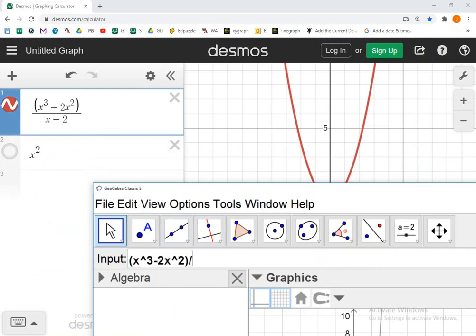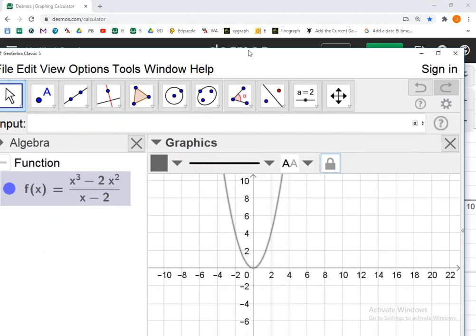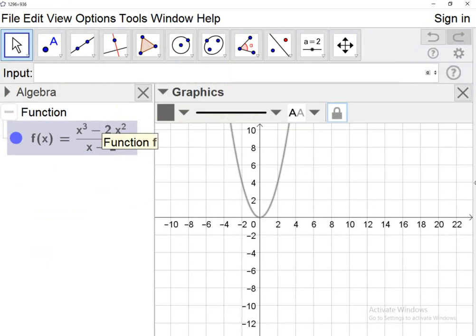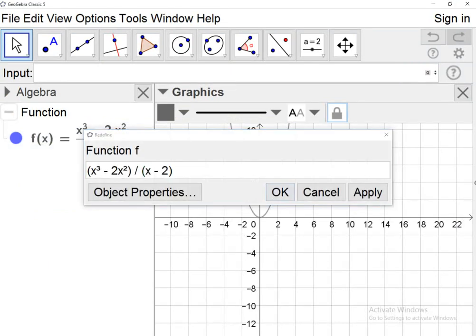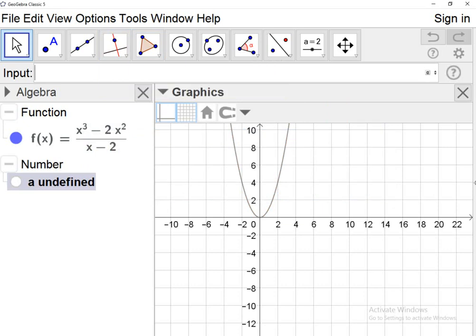We actually have to, so again, it just looks like x squared, but I can't come up here to the point and click on it. I actually have to ask it to evaluate at where I think the hole is, and it will then tell me it's undefined, which confirms to me that there was indeed a hole there.